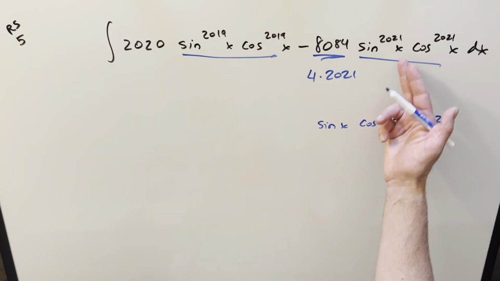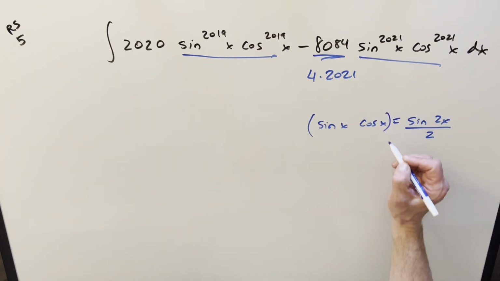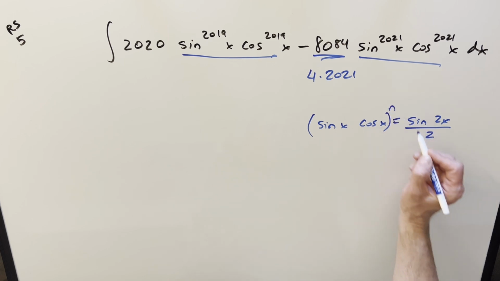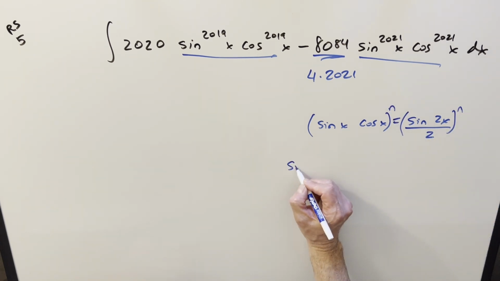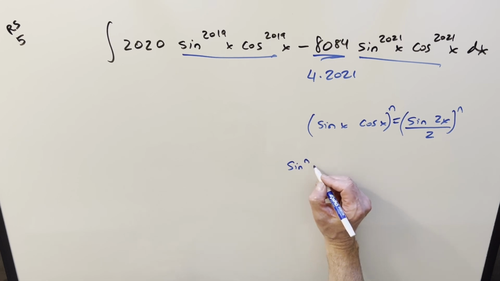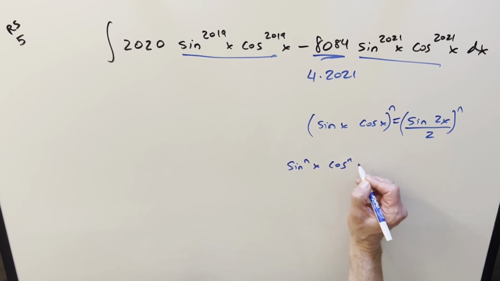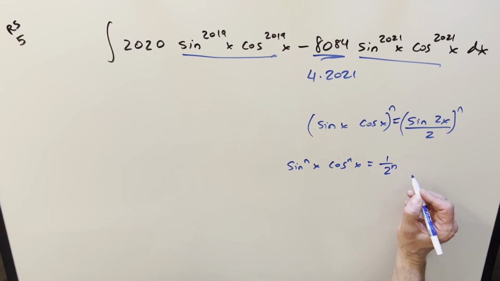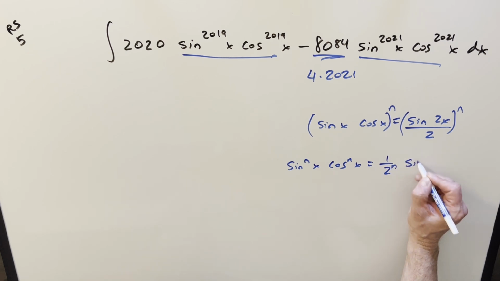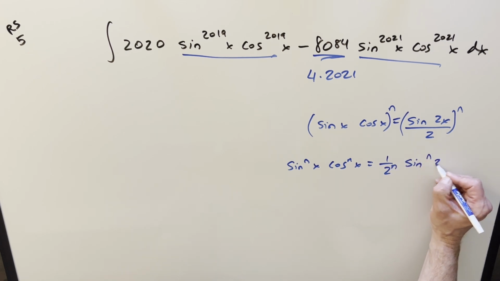Then each of these has the same exponent, so we can think of it as this thing to the n, and we just need to raise the right side to the n. So for sine^n x cos^n x, this is going to be the same thing as 1 over 2^n sine^n of 2x.